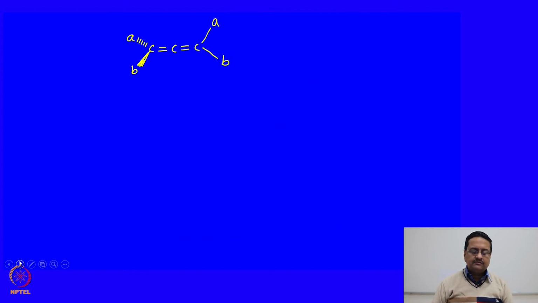Now for this particular compound, let us try to see the molecule from the right hand side. If you are viewing the molecule from the right hand side, then this carbon is carbon number 1, this is 2 and that is 3. So, groups on that carbon 1 are pointing towards me like this.